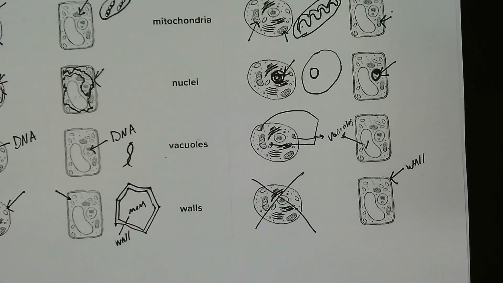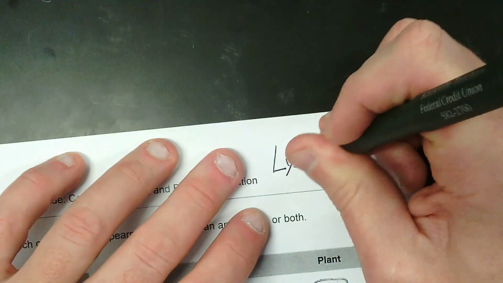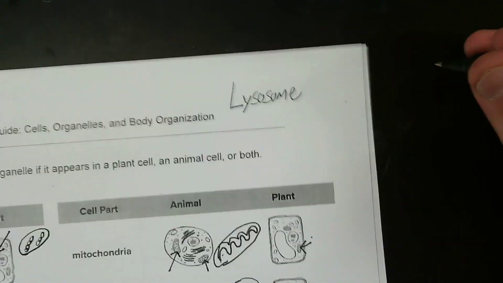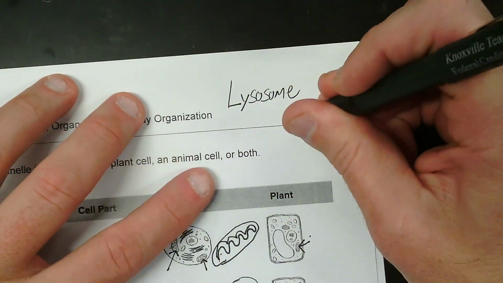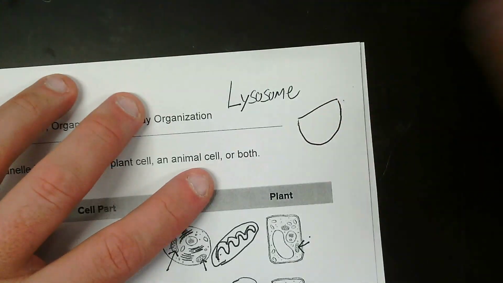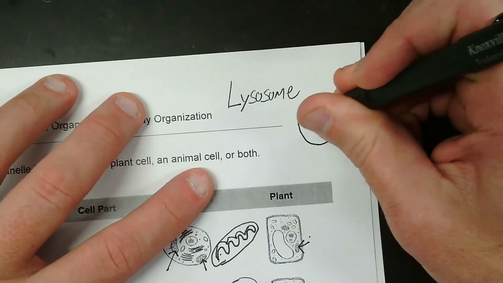There is one that I left off here, not purposefully, but accidentally. It is called a lysosome. Let's pop up here. You're going to see it later. I know it's in here. I got sidetracked, I guess. I'm not sure. So lysosome exists only in animals.